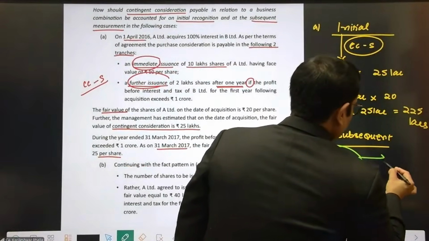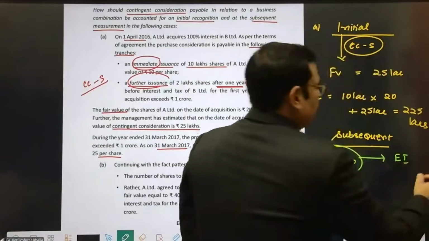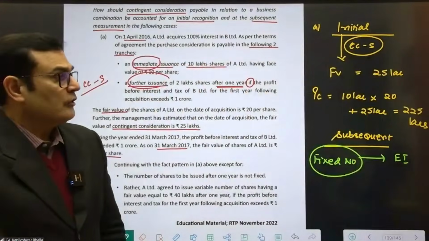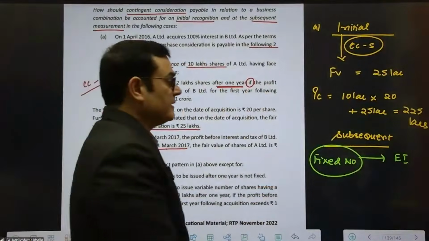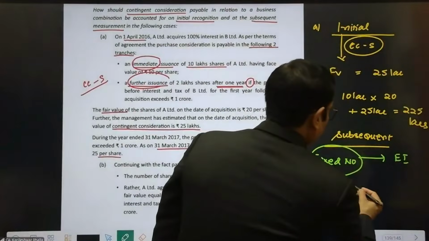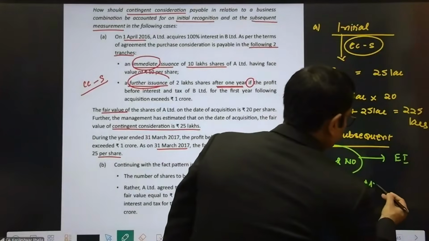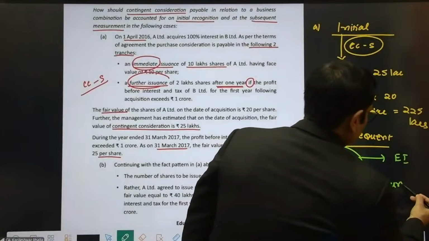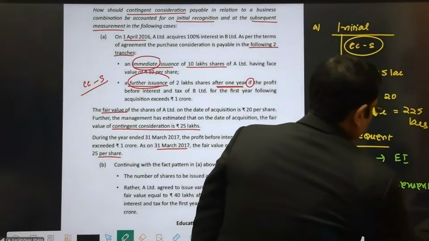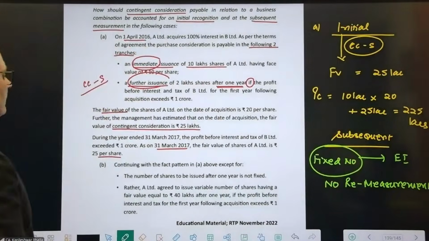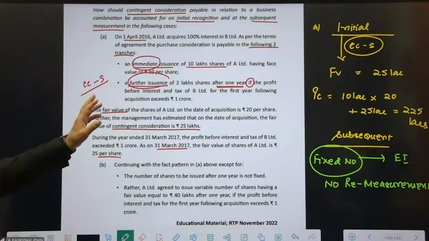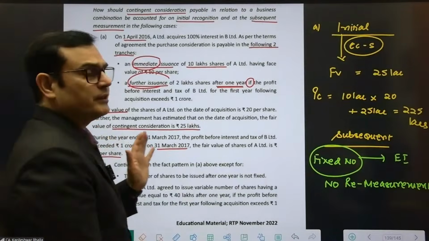And if it is a fixed number of equity shares, it would become an equity instrument. So it becomes an equity instrument. Can I say there will be no remeasurements which will take place? Because it is an equity instrument, there is going to be no remeasurement in this case. Done. So the initial and the subsequent measurement is done.